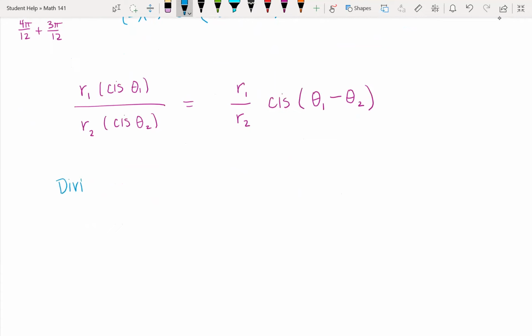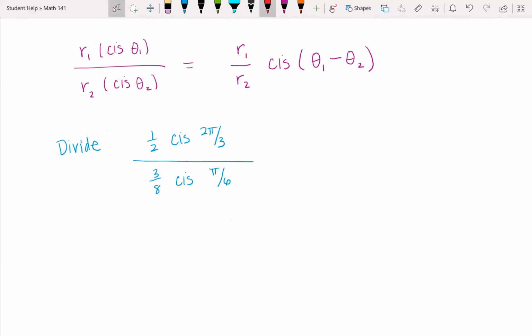Let's divide 1/2 cis 2 pi over 3 by 3/8 cis pi over 6. So I can grab a calculator to do the first part. I'm going to do 1/2 divided by 3/8. And that's going to end up giving me 4 over 3.